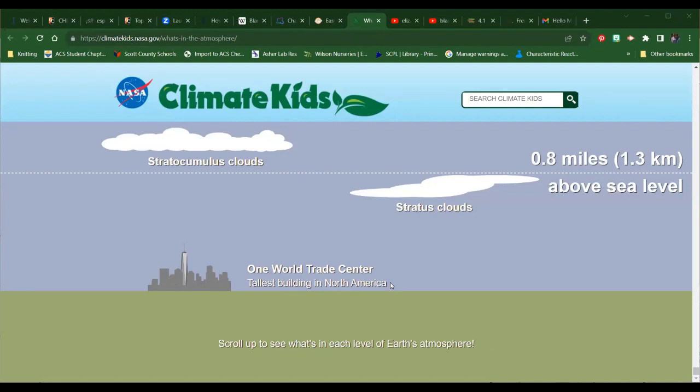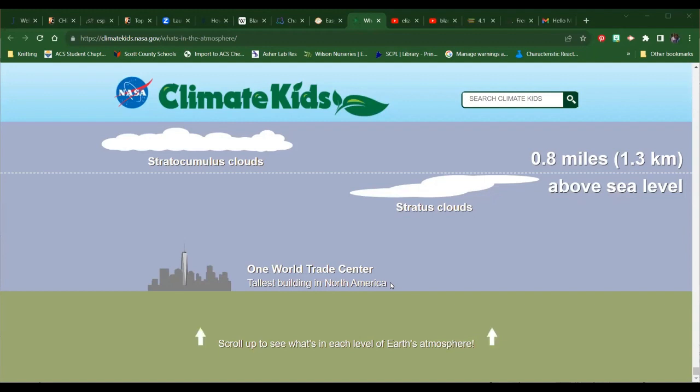So this one shows you to scale how big things are. So you can see this is the World Trade Center, which One World Trade Center doesn't really exist anymore since 9/11. But the tallest buildings in New York are about here. And then this dotted line is showing you how high it is. So here's a blimp at 1.5 miles, and you can kind of scroll through.